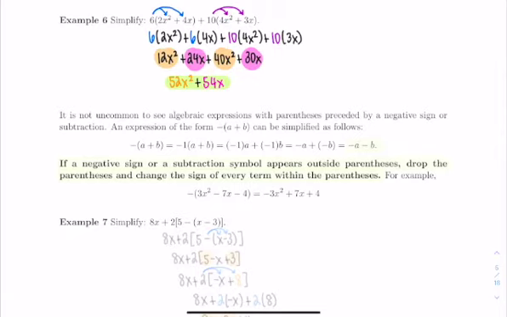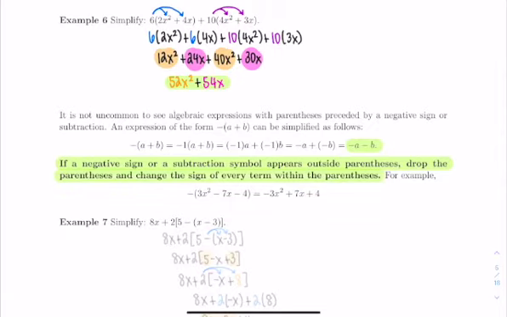They were both positive to begin with, and when I'm done, they both became negative. So if a negative sign or a subtraction symbol appears outside parentheses, you drop the parentheses and change the sign of every term within the parentheses.